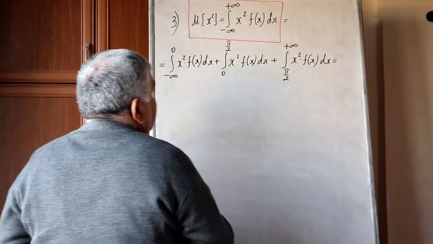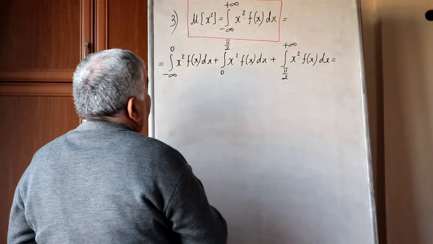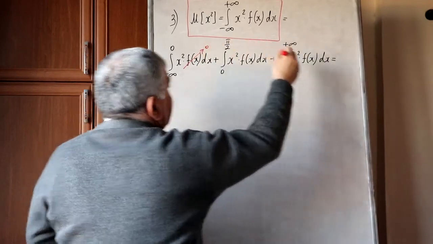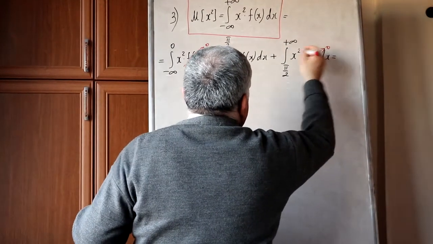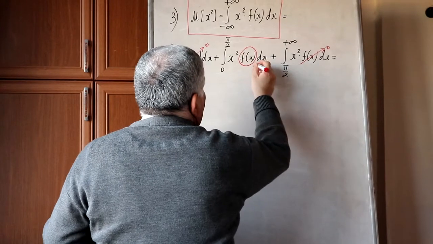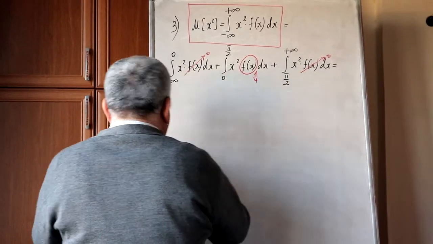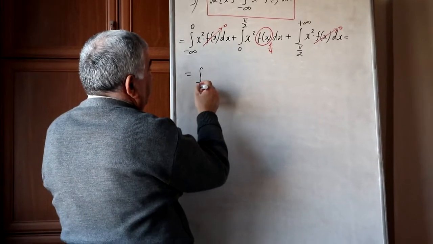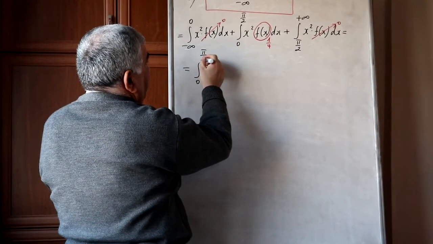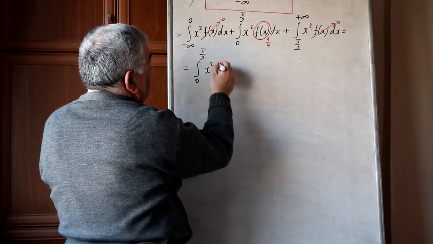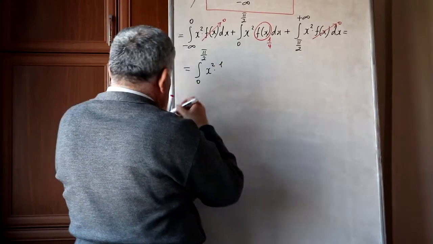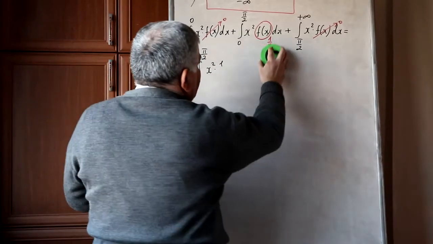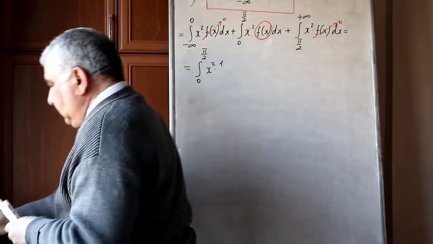In the first and third integrals, f(x) is 0 according to the condition, and in the middle integral, f(x) is 1/4. I'm sorry, not 1/4. It's sine x. Here, f(x) is sine x.